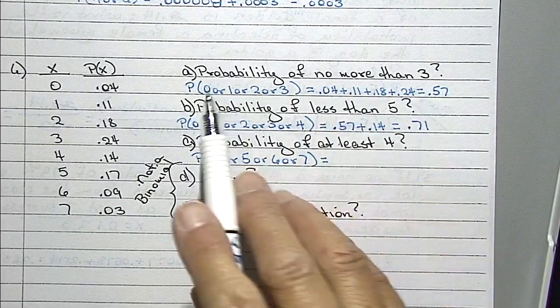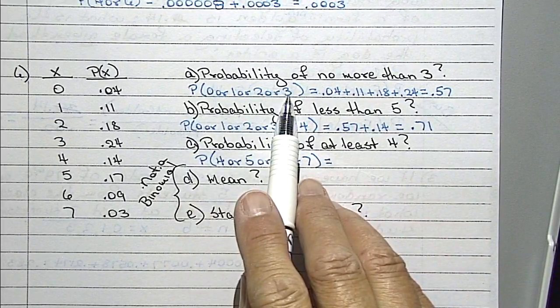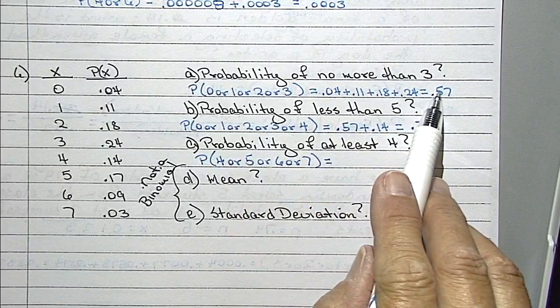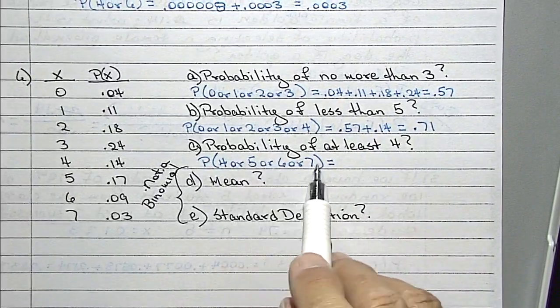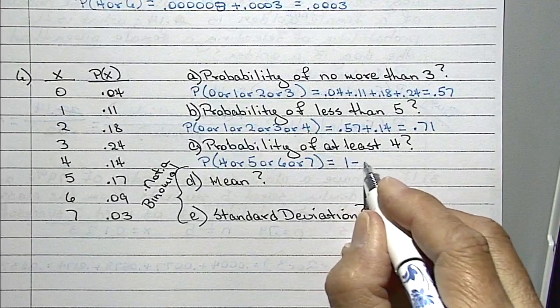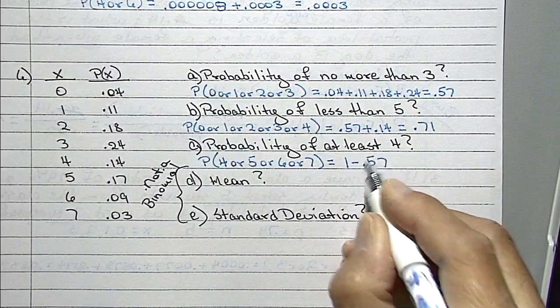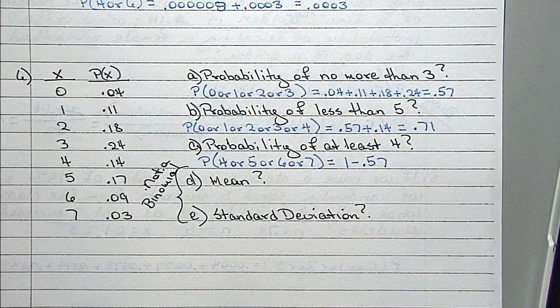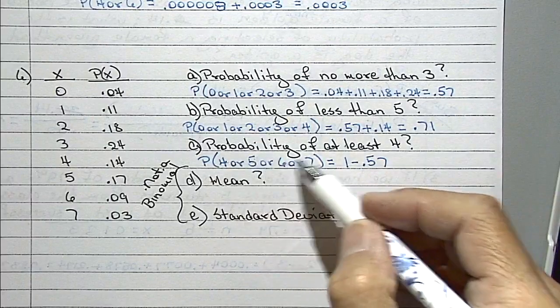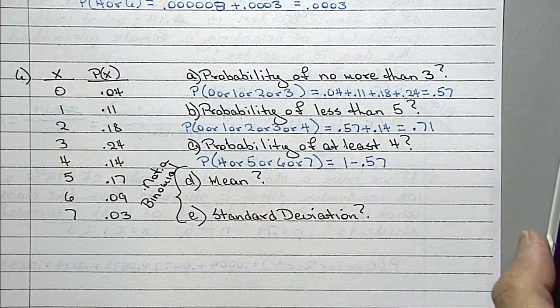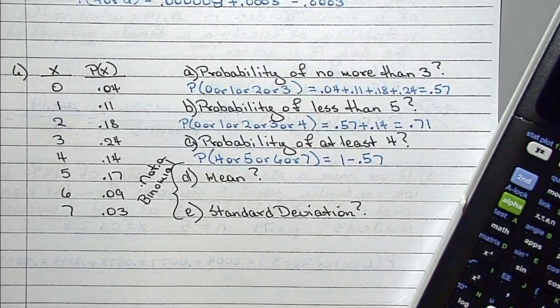Look, guys, I already figured out 0 through 3, didn't I? You see this one? 0 through 3 is 0.57. 4, 5, 6, and 7 would be 1 minus 0.57. I'm telling you the shortcut because it's obvious how to do it without it. You just add the 4 of them up, right? You should get the same thing if you say 1 minus 0.57.